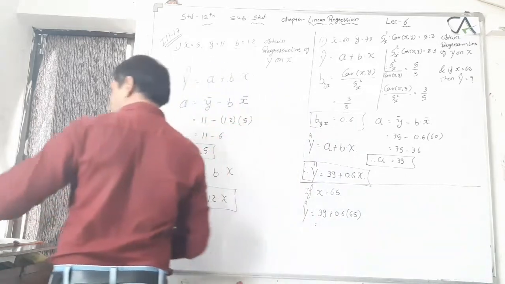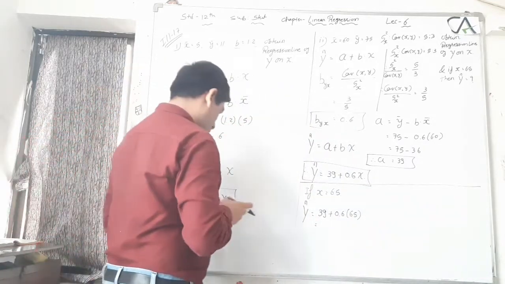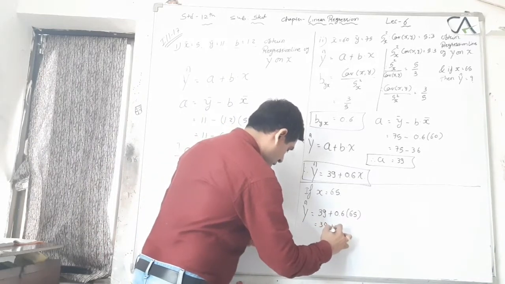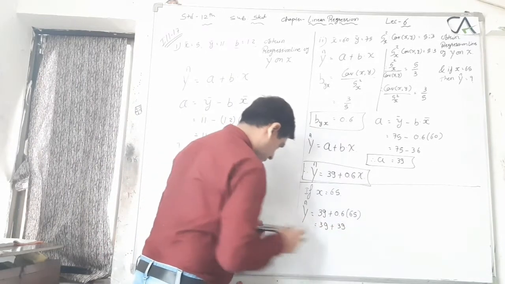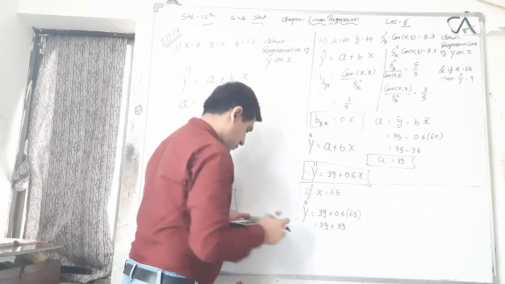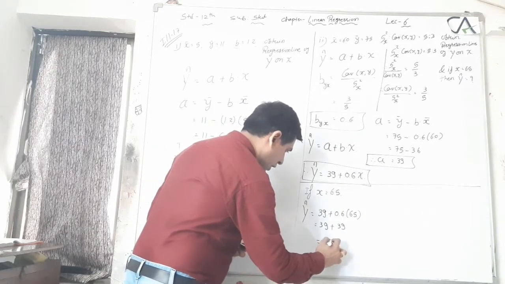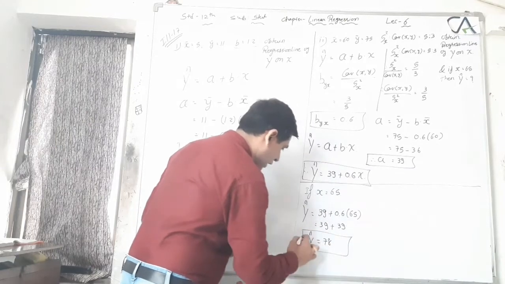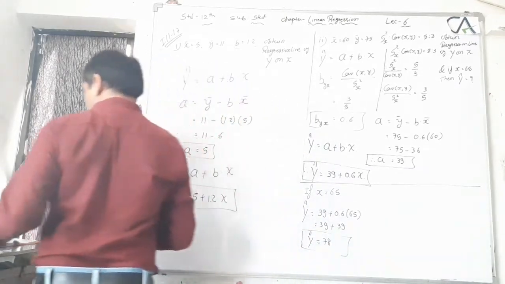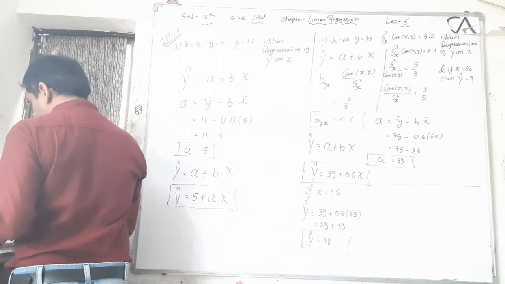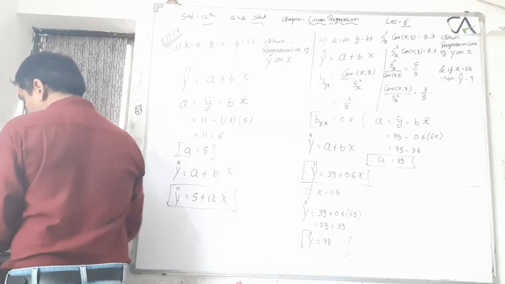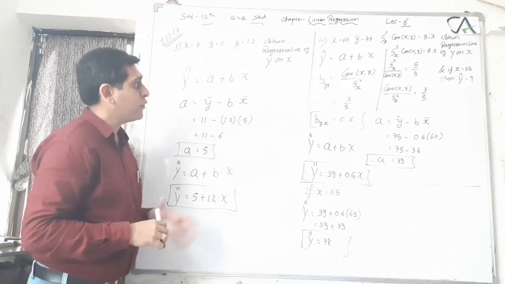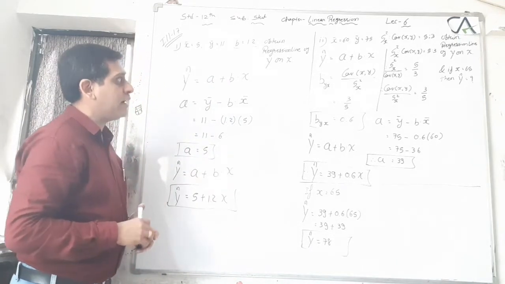What is the estimated value of y? 65 into 0.6 is equal to 39, plus 39. 78 is your answer. Y cap is equal to 78. So your estimated value of y is 78 if x is equal to 65. This is your short sum. Write down this.